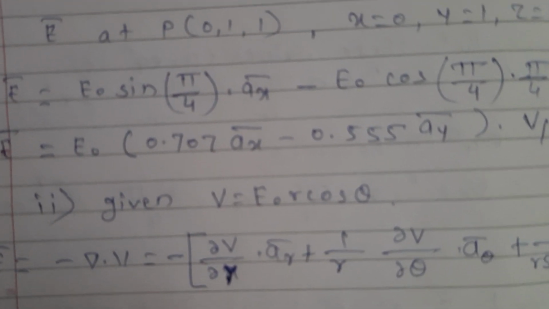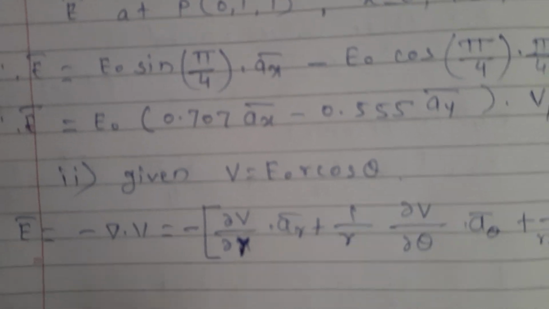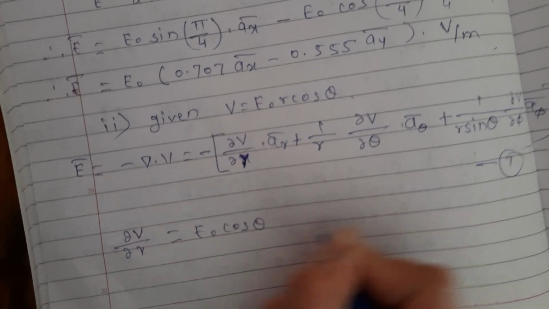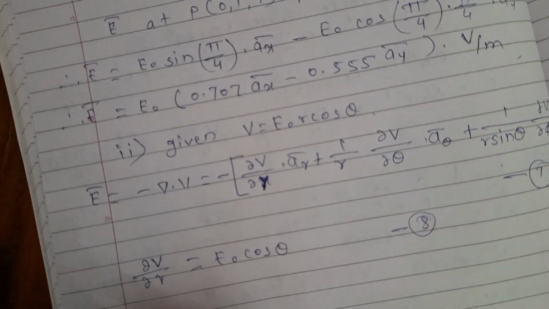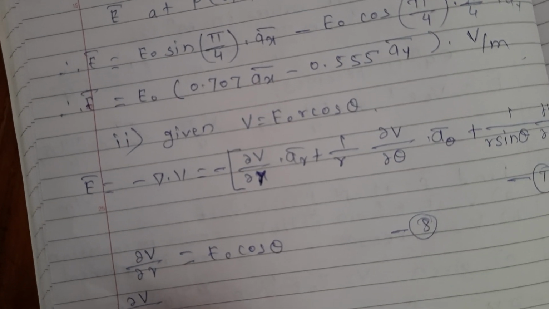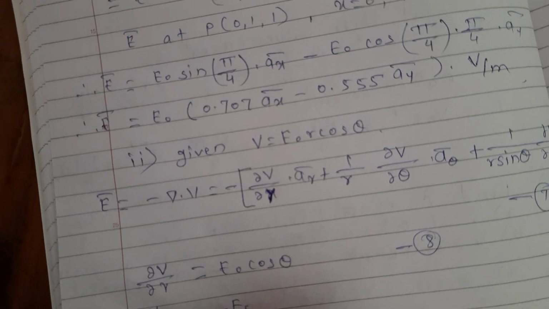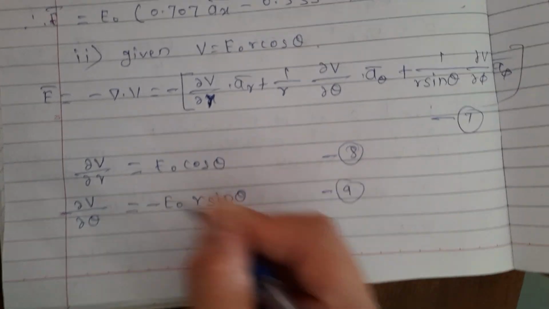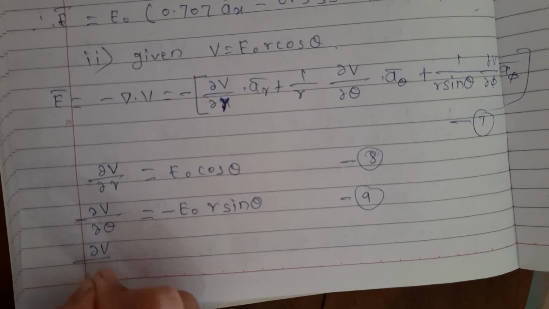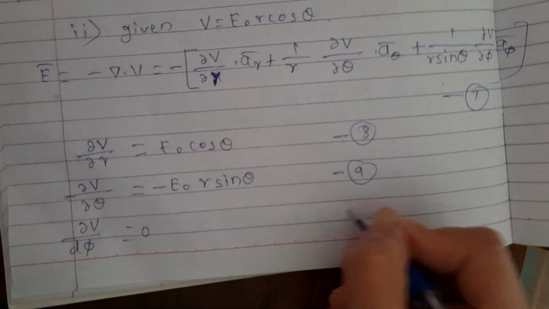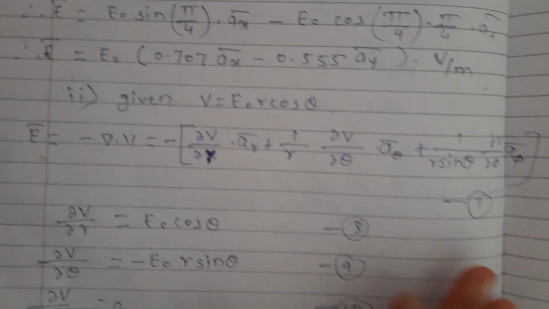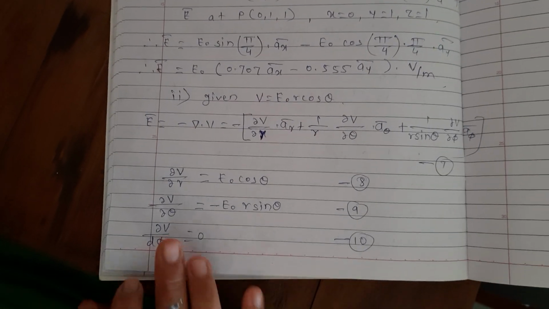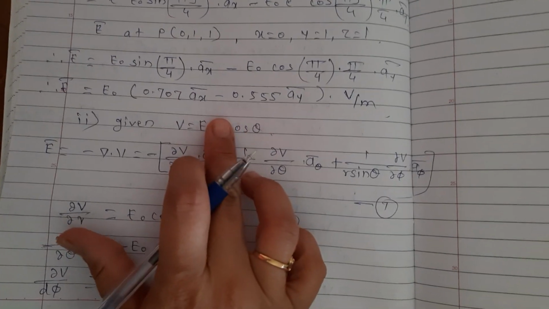So dV by dr is equal to E0 cos of theta. This is equation 8. dV by d theta is equal to minus E0 r sine theta, equation 9, and dV by d phi is 0, equation 10, as the phi term is absent in this equation.